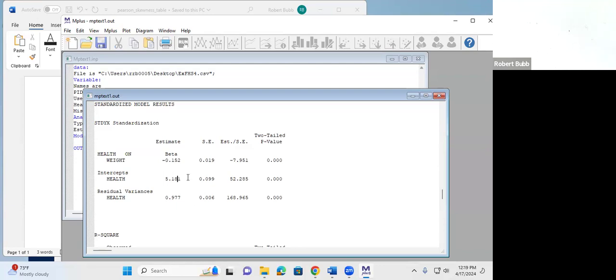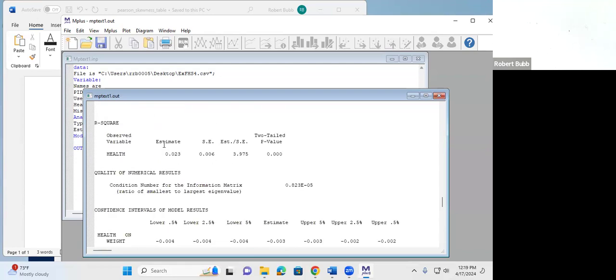Okay, let's see. Scroll down, I guess. All right, so here you're going to find your effect size, R squared. Here's your estimate, it's 0.023. Notice that R squared can also be used as a hypothesis test, and that's what you see here. Again, your test statistic and then your p-value associated with it.